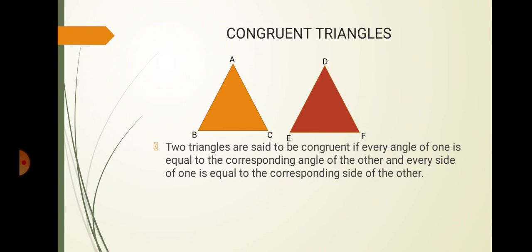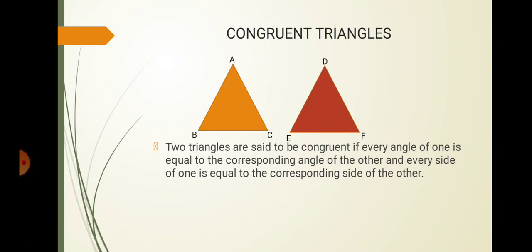Now, how can you tell two triangles are congruent triangles? For that, first let us consider two triangles as shown on the screen. The two triangles are ABC and DEF. As we already know, congruent means it should have the same size and same shape. Now relate that concept to triangles.